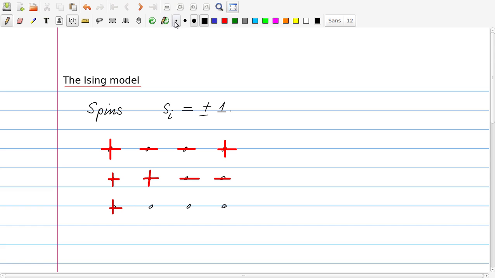Now this model is described in fact by a Hamiltonian, which tells you which configurations of spins are favorable and which aren't. And that Hamiltonian has the form H is minus K times a sum over ⟨i,j⟩, and then minus h times the sum over s_i.